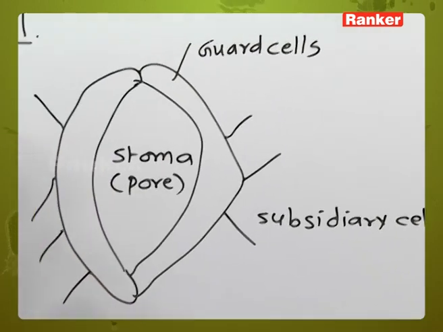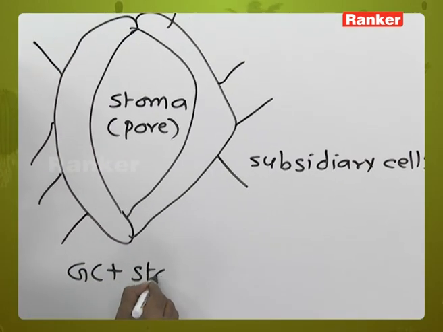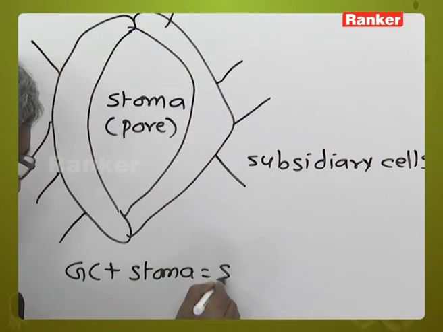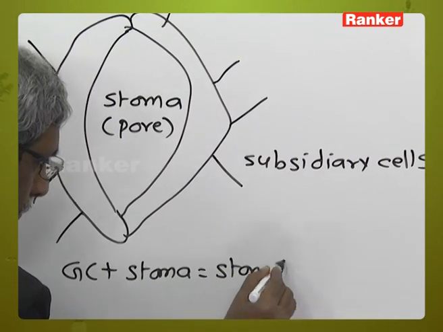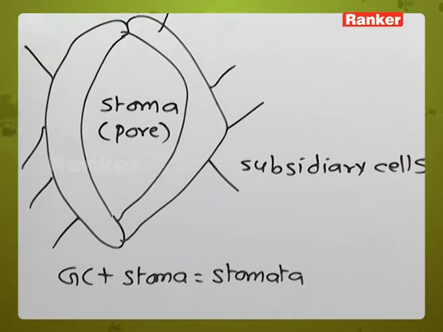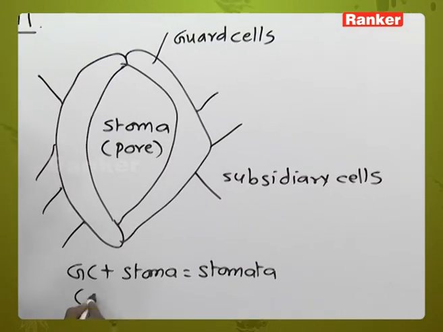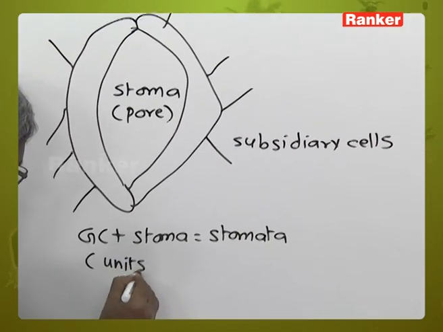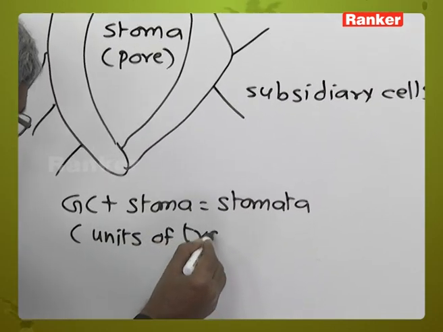So, guard cells plus stoma is equal to stomata, and stomata are the units of transpiration in leaves.